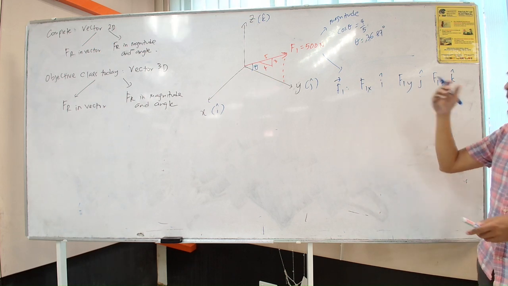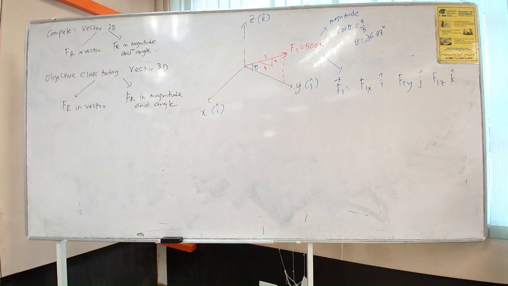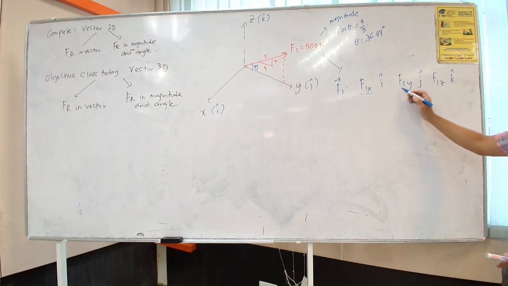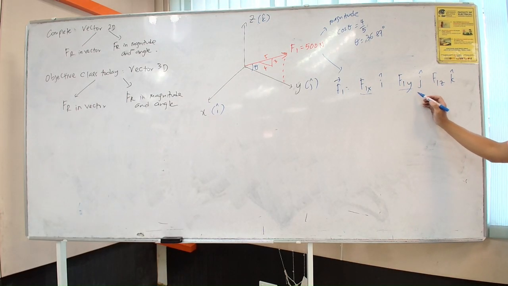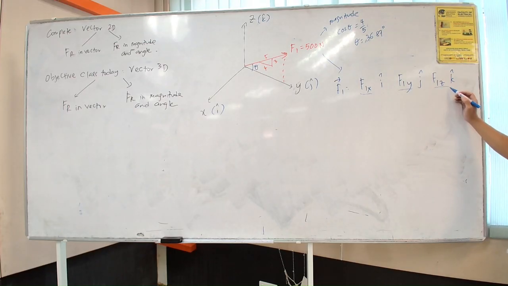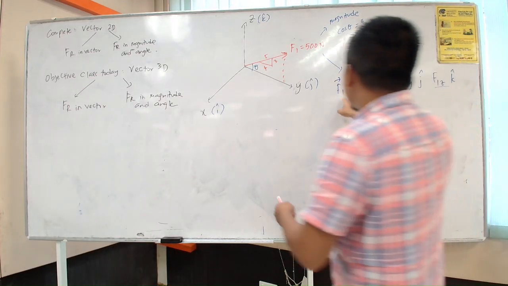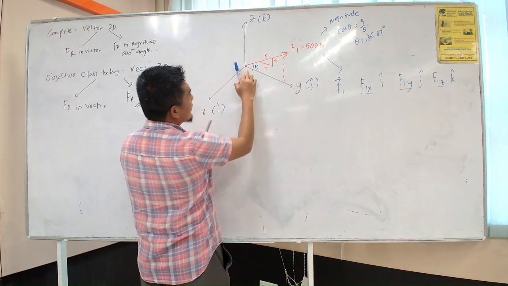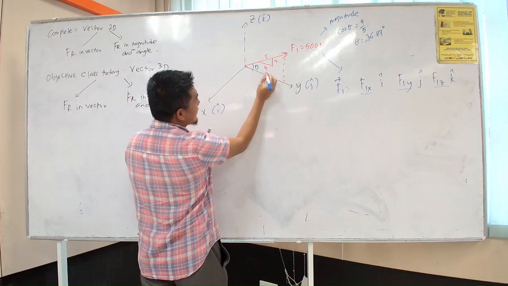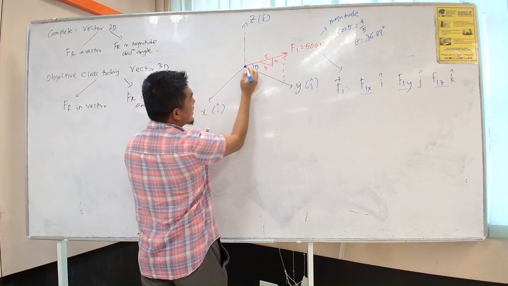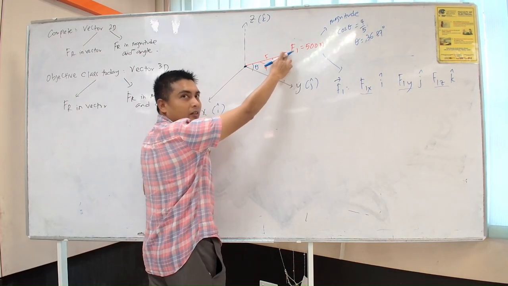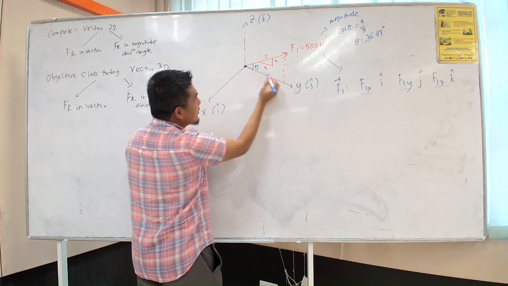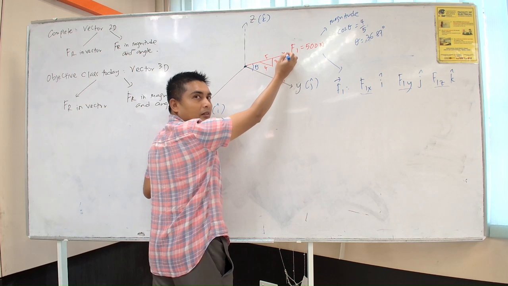So what we need to do now, we need to find what is the F1x value, what is the F1y value, and what is the F1z value. So we have F1, should be here. This is direction because we want starting from here to this point. So we want to find the direction from the origin to F1.